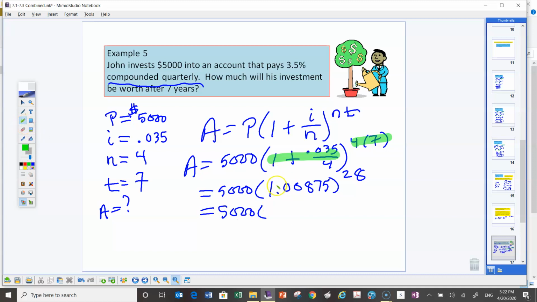So now I'm going to take this amount and raise it to the 28th power. And that works out to be 1.27626. And if I times that by 5,000, it's going to work out to be $6,381.30. So your initial investment of $5,000 would grow to be $6,381.30 in 7 years if the investment paid 3.5% compounded quarterly.